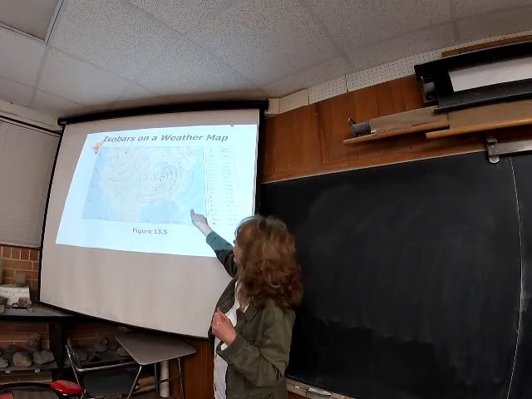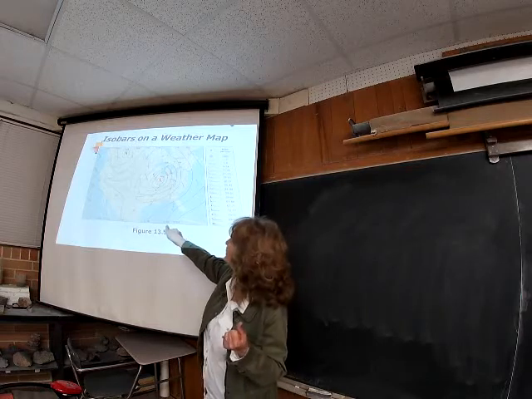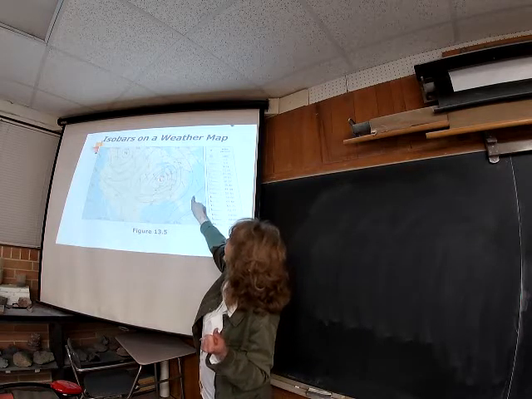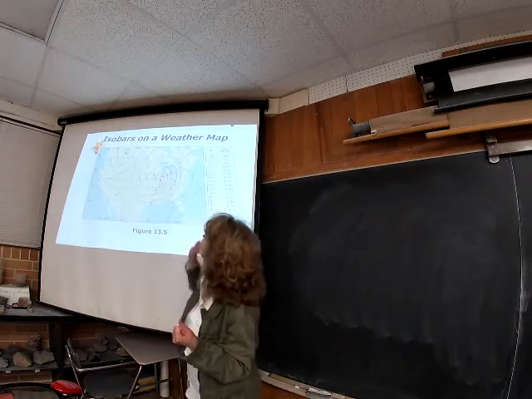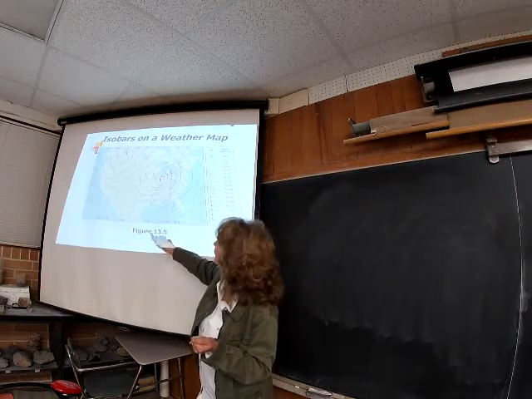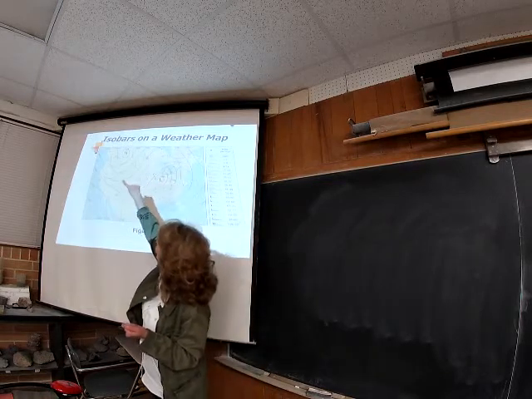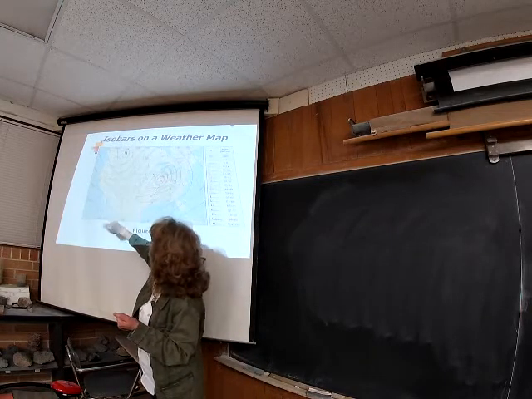Anything along this line is 1024 millibars. Here's 1020, anything along this line, it actually continues up there, 1020. I know you probably can't see these too well, but you do have this PowerPoint. Here's a 1016 millibar, continues over here, 1016.